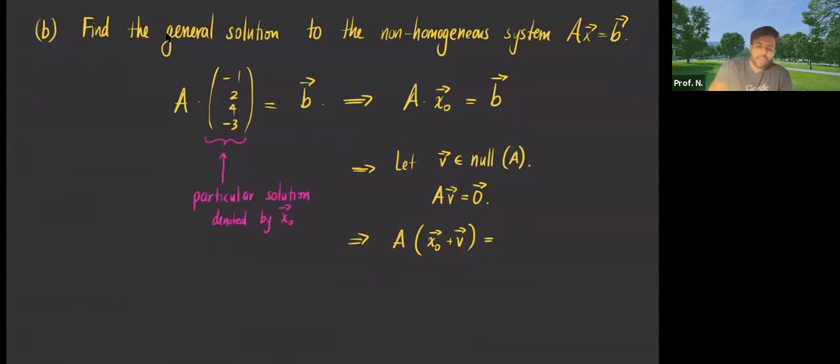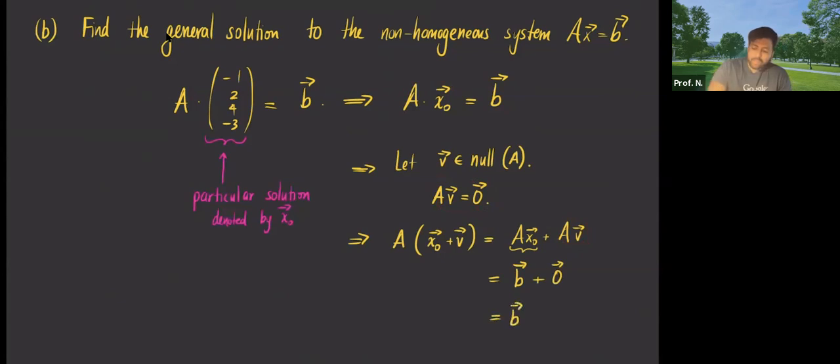Anybody here? So what happens when I distribute the A? I can do A x naught plus AV. Well, A x naught I said equals B. And what does AV equal? 0. But what's B plus 0?